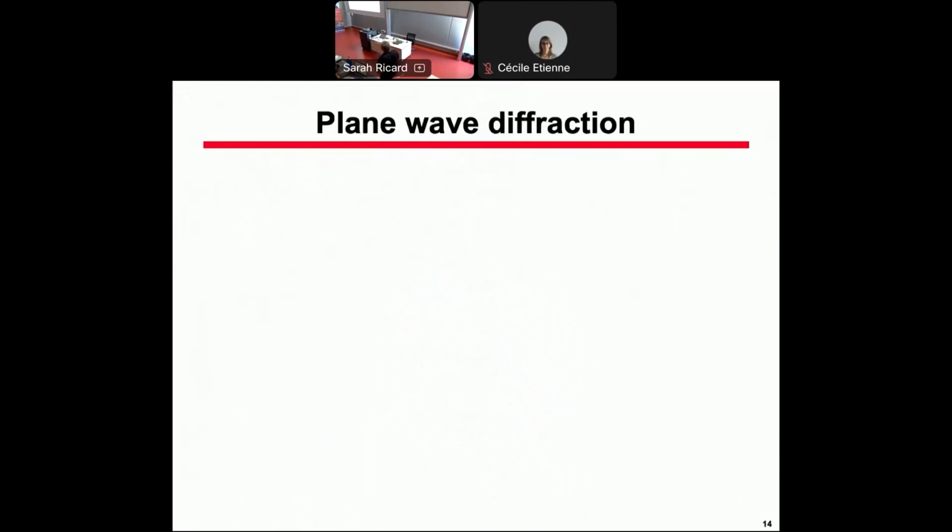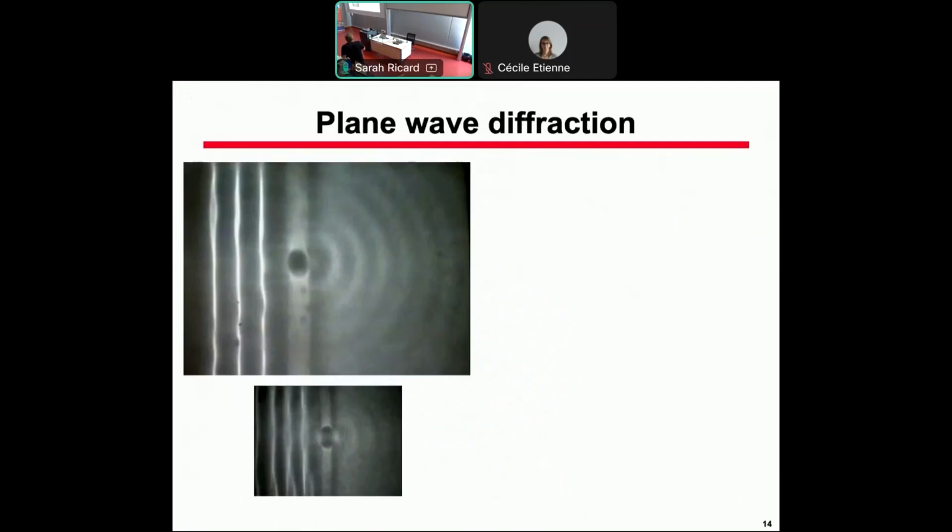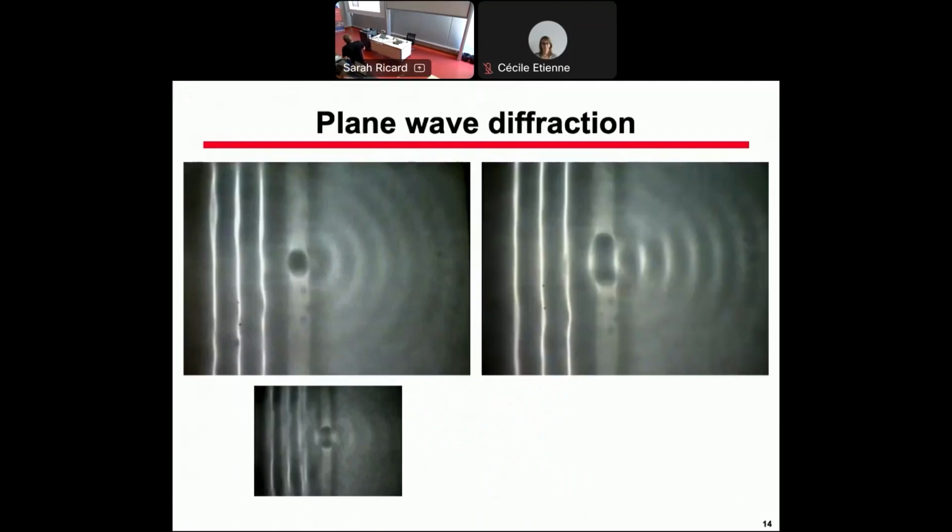Okay, so plane wave diffraction, let's play. This is a very classical experiment. If you send a plane wave onto a hole, it gets very diffracted. Now, the interesting thing is that mathematically there is a continuum. Plane waves and spherical waves are fully equivalent.